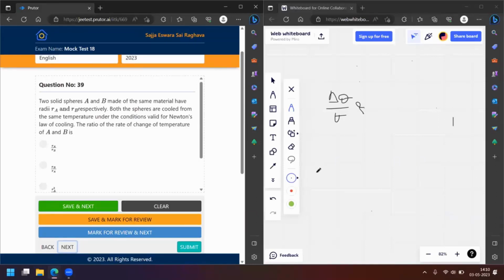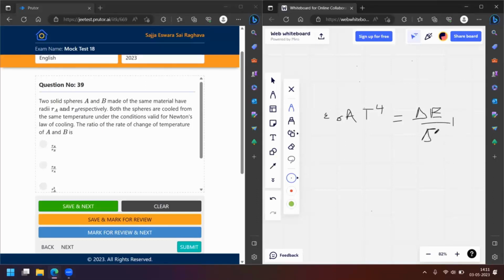So rate of temperature drop is directly proportional to... If we write the terms, the rate of heat loss can be found using the formula with 4 pi r squared, the surface area, times some constant. This is equal to the power loss, or loss of energy. But you can equate this to the loss in temperature.